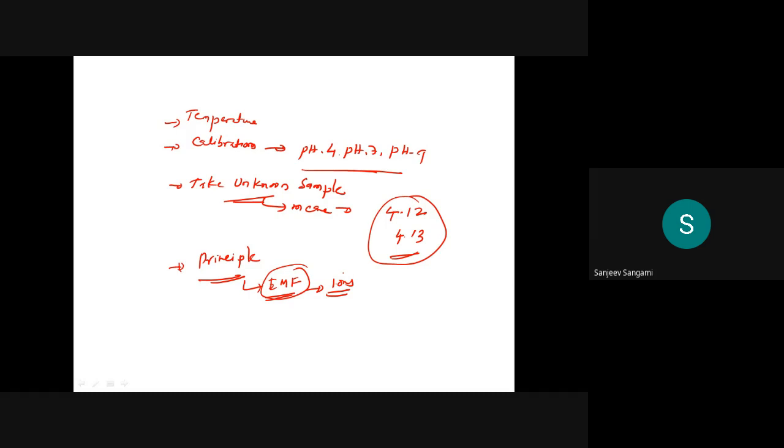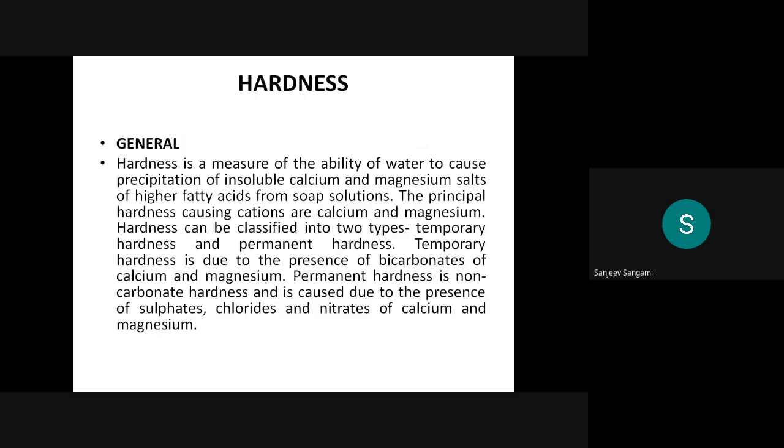Slowly we'll move on to the turbidity experiment.